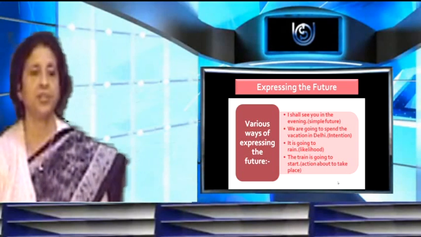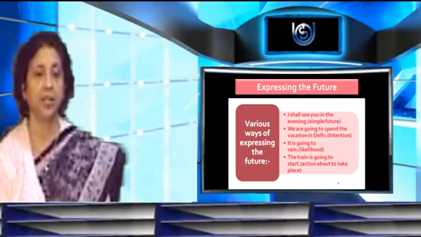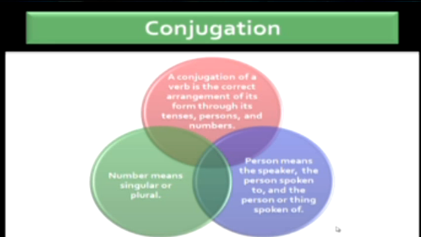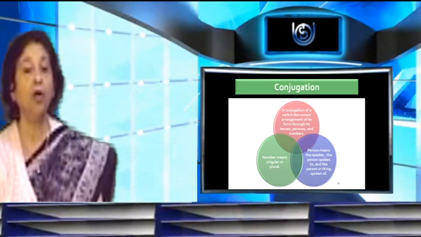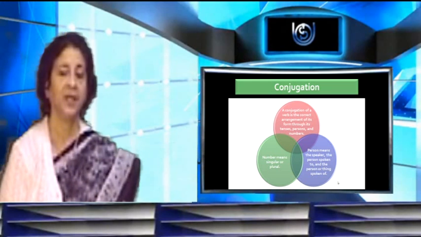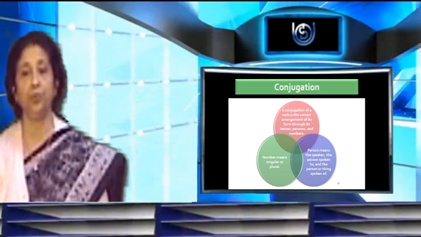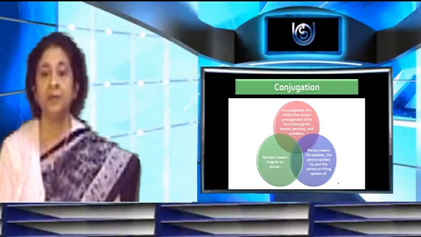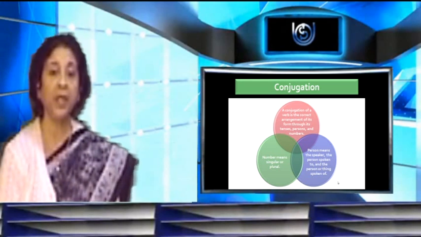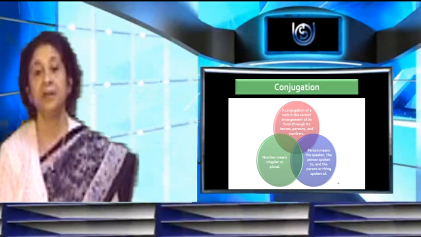Now, conjugation. Another topic and very important topic to understand is conjugation. A conjugation of a verb is the correct arrangement of its form through its tenses, persons and numbers. If you go back to your memory, when I was teaching you the agreement of verb with the subject, that time I had explained to you the meaning of singular and plural and the relationship between the subject and the verb.